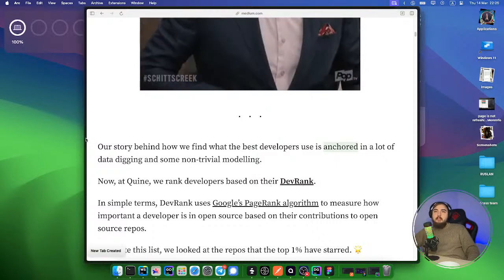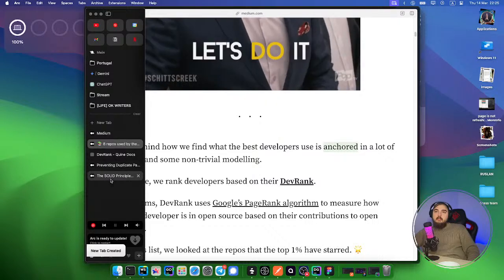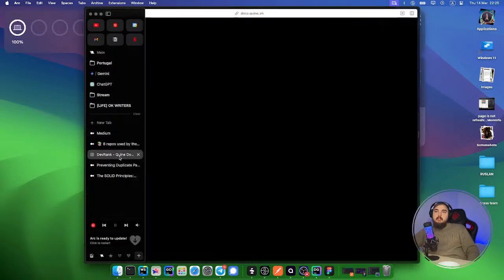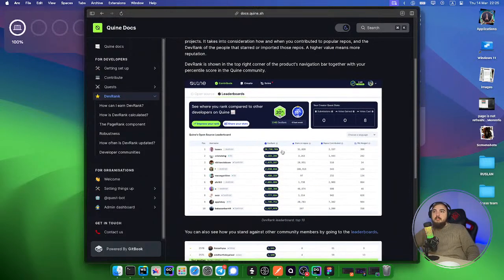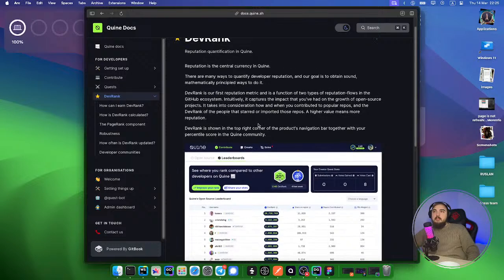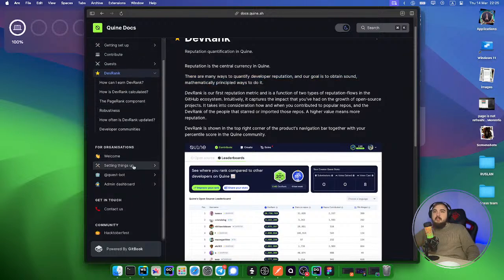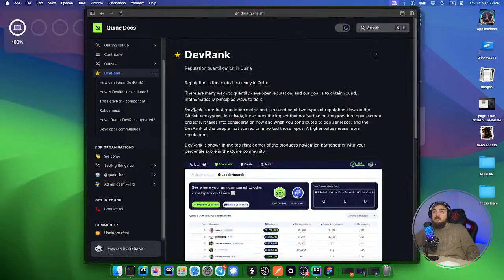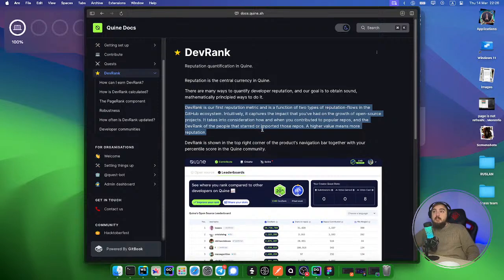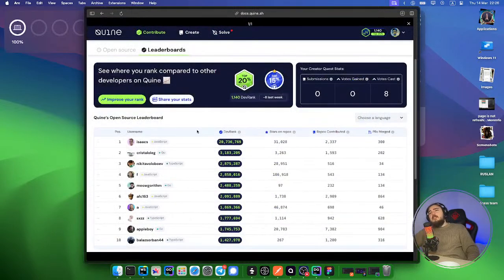Oh my god. What the hell is Dev Rank? Reputation, central currency, Quine. Oh my god, it's like a reputation metric.